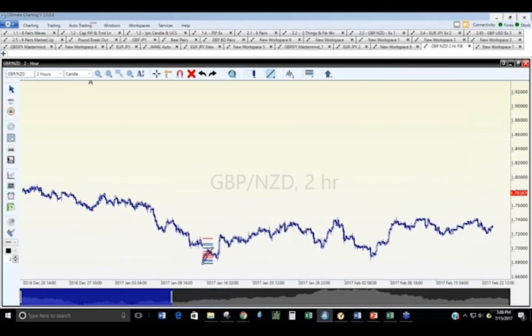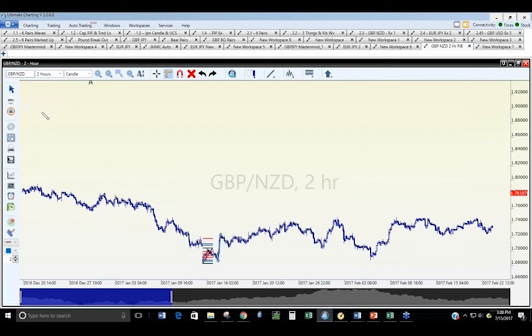The market went down right there, and it came up and exceeded my A. So on this particular trade, wow, this was a beautiful trade. Let me see what that is.